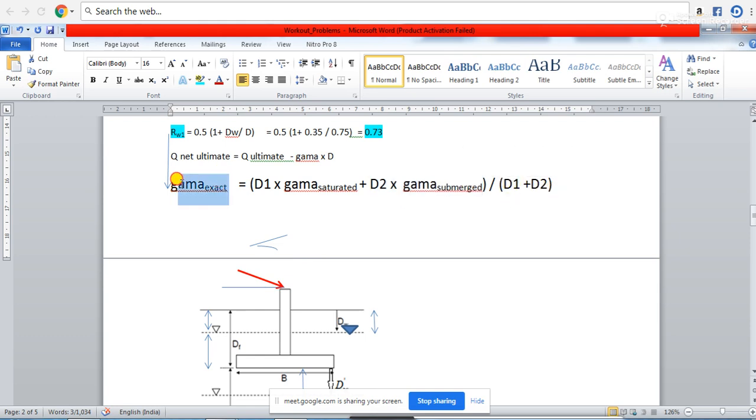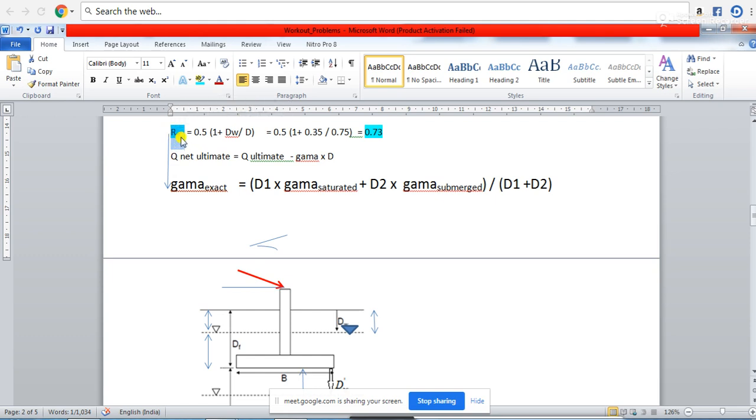So you are going to get gamma exact. Or what you can do is use the value of gamma saturated, and multiply it with this RW1.